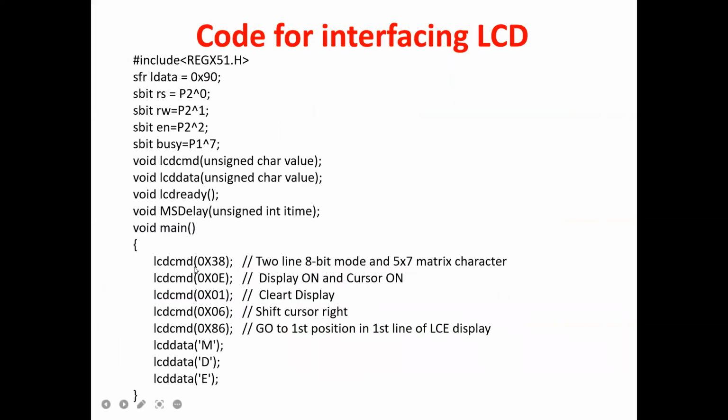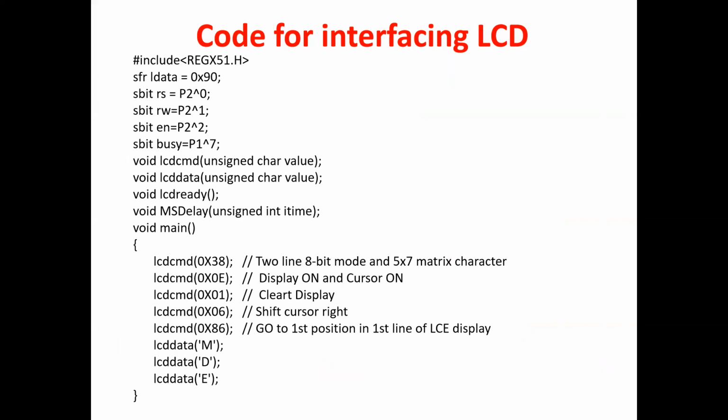Now all these are commands. Till now we haven't sent any data. The data we are going to display is MDE, one after the other: data character M, data character D, data character E. Here we are just calling the functions. LCD command is the function that sends data related to commands.